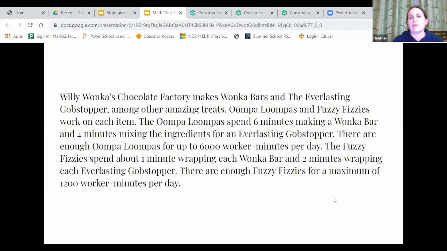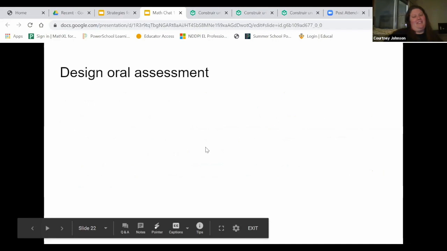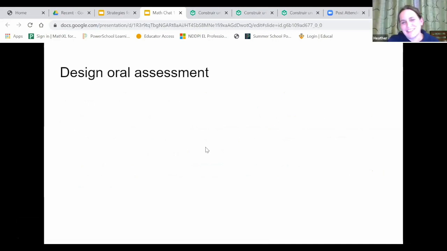They just can't get past the fact that they don't know what a Willy Wonka is. I'd heard of a factory, but I didn't know it could be a chocolate. And then what's a Wonka bar? What's an everlasting gobstopper? They sometimes get lost in what are the important words that you need to know, and what words was the teacher just trying to be fun and creative, and we've got this really great problem about candy. Just use soccer, then everything is great. Yeah, they do like that better.